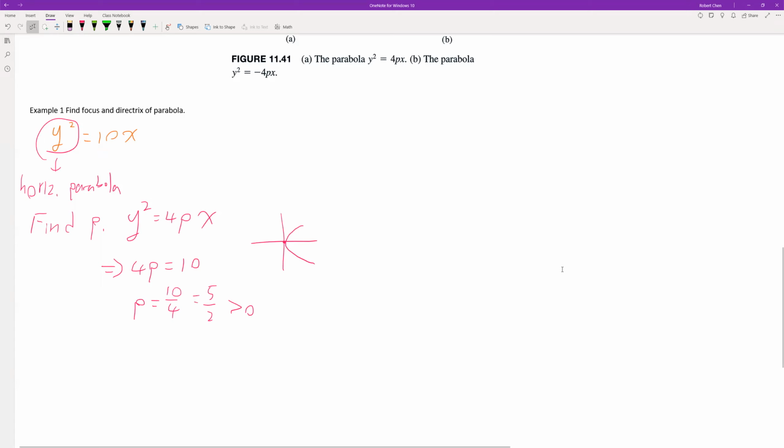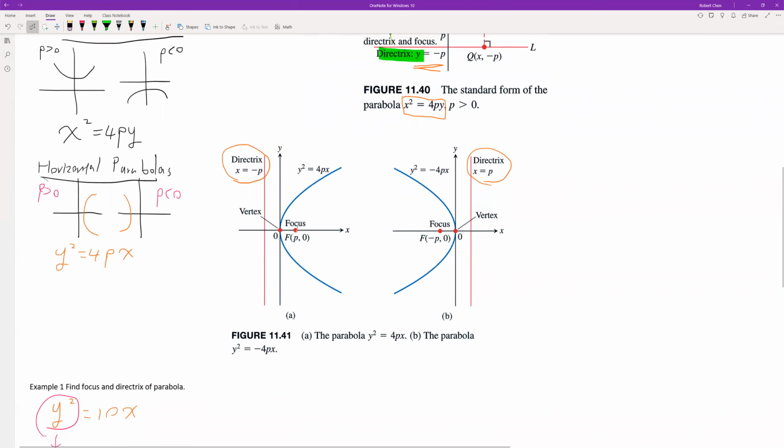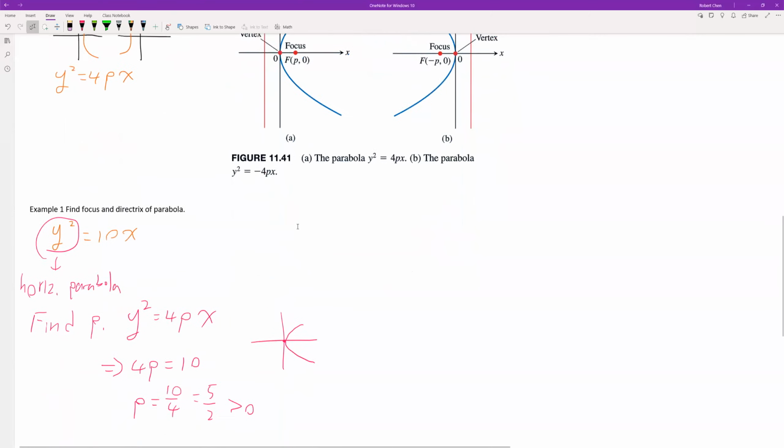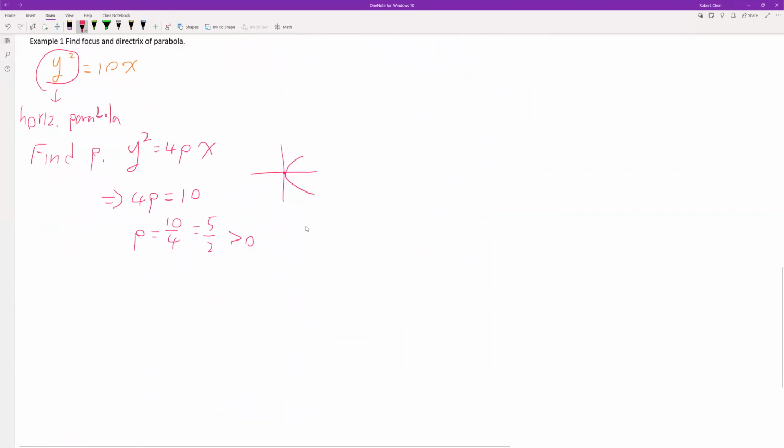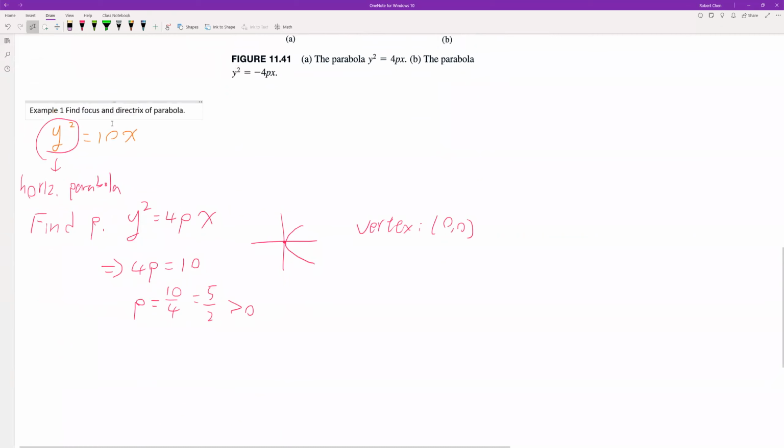Notice that all the parabolas that we looked at have the vertex at 0, 0. We're not considering any horizontal or vertical shift. Okay, so the vertex is 0, 0, right? And our goal is to find the focus and the directrix of the parabola, right? So the focus is always inside of the parabola, and then the directrix is the vertical line that's outside of the parabola. Okay, all right.